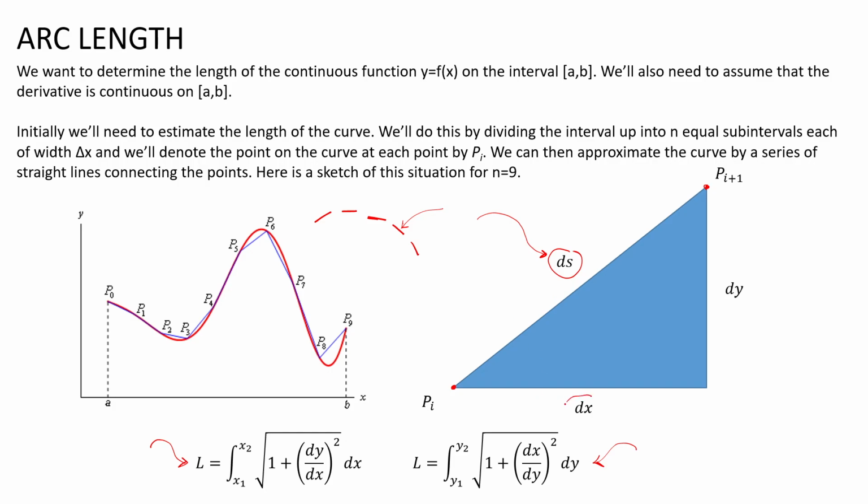The x portion will be your differential x value, and the y portion will be your differential y. So you have a right triangle. To determine this particular length, you'll need to use the Pythagorean theorem. So ds squared is equal to dx squared plus dy squared, or ds is equal to the square root of dx squared plus dy squared.